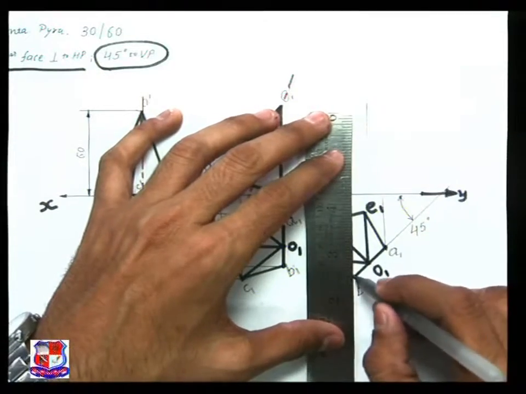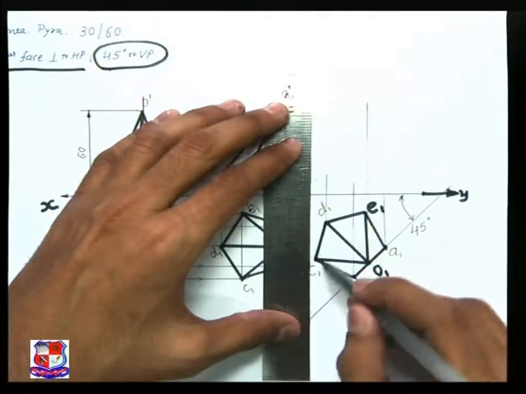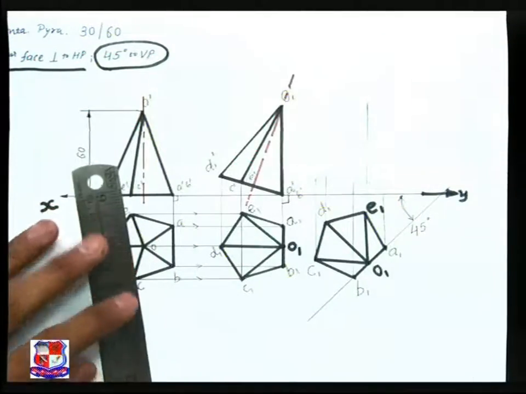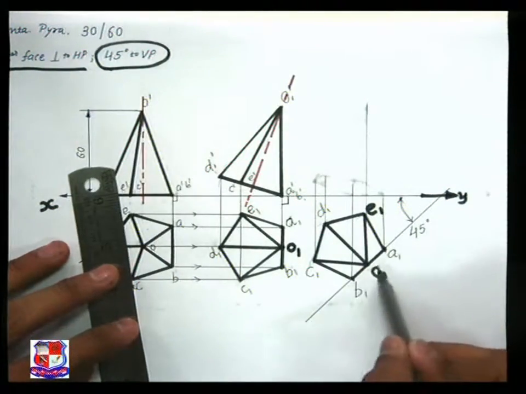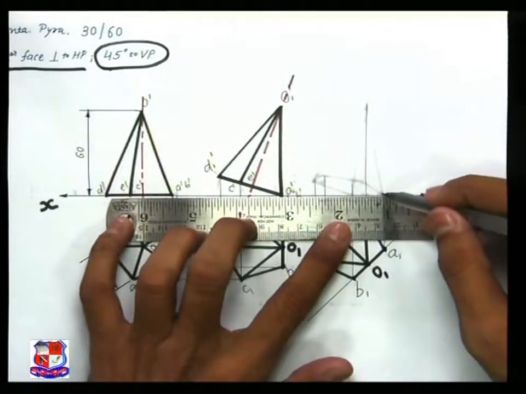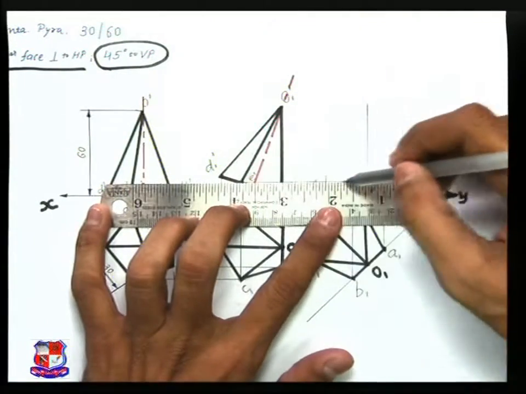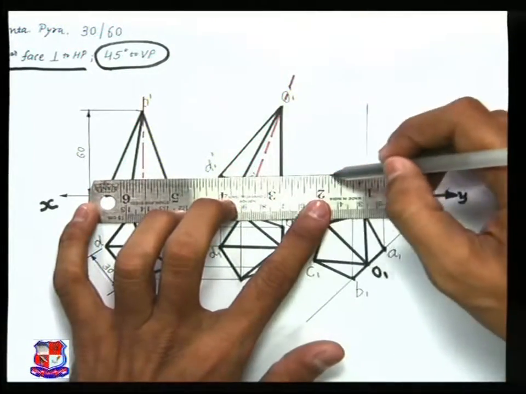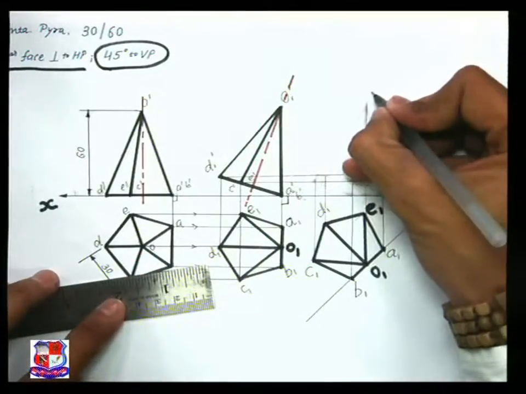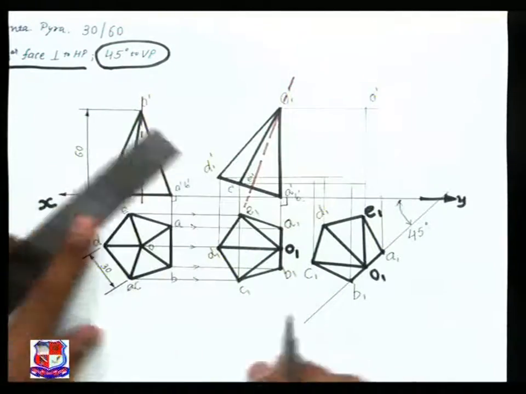From B, a vertical line. From D and from C, like this. Vertical lines from all these points A1, B1, C1, D1, E1, and horizontal lines from all these points A1 dash, B1 dash, C1 dash, D1 dash, E1 dash, and apex point O dash. Horizontal line from here. Name the respective points.